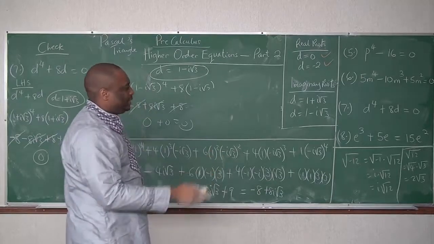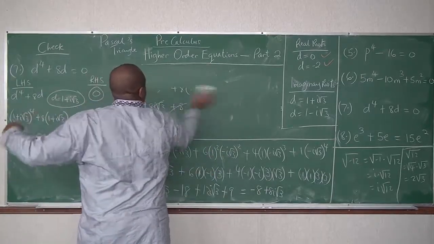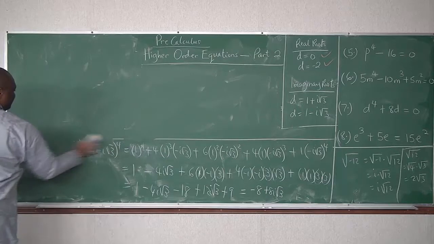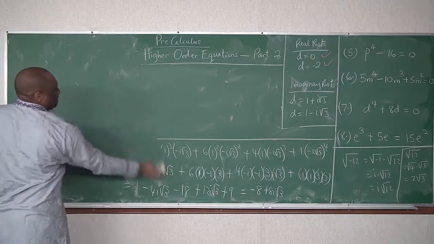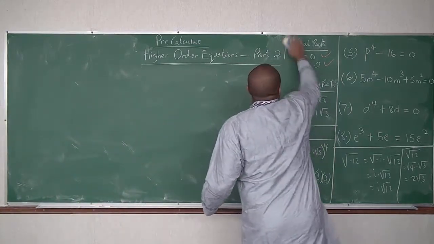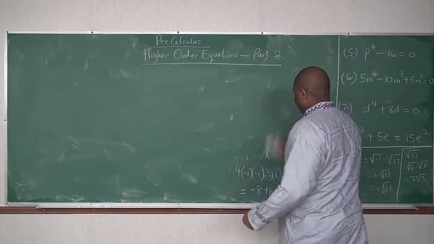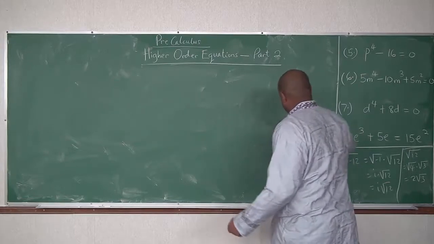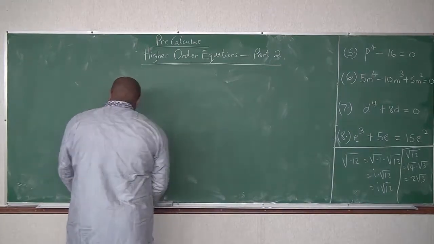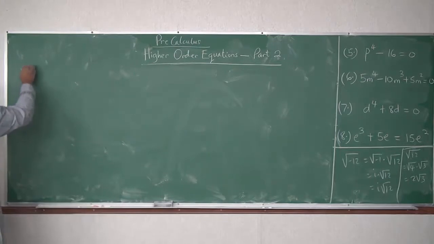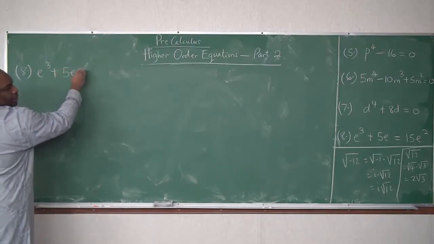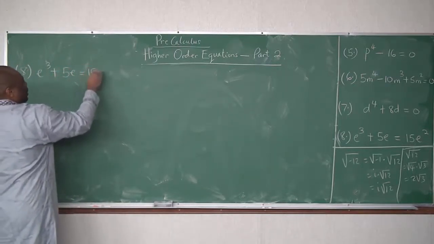The last but not the least, question 8. Question A, E cubed plus 5E equal to 15E squared.